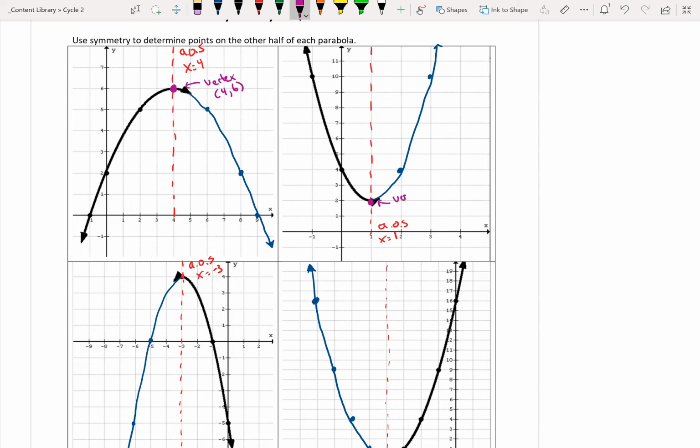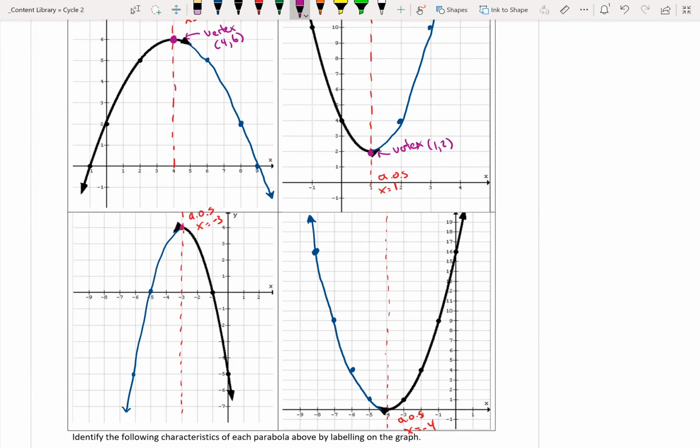Vertex is here. Again, this is the lowest point, and it is (1, 2). Here it's the highest point, and it is your vertex, (-3, 4).